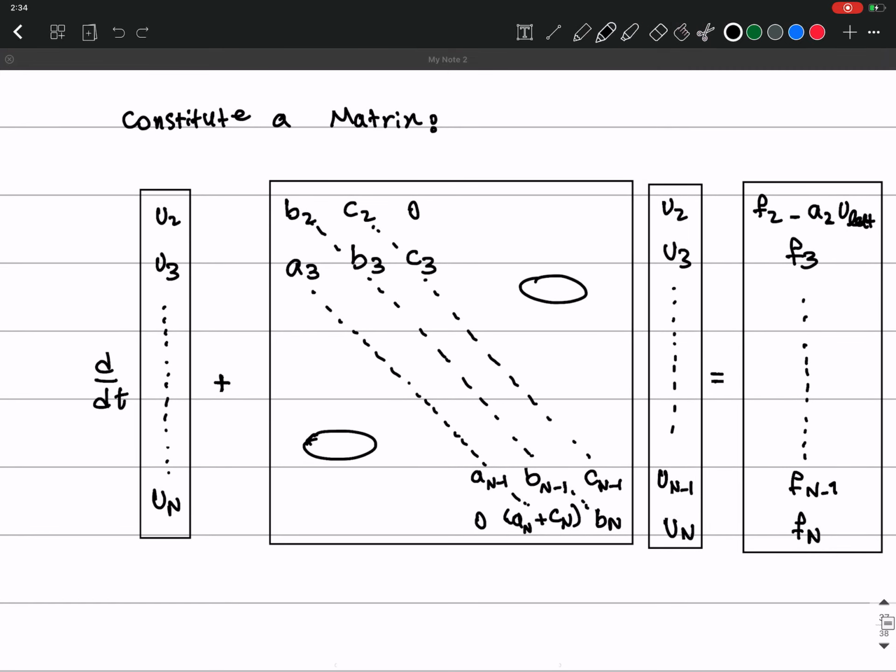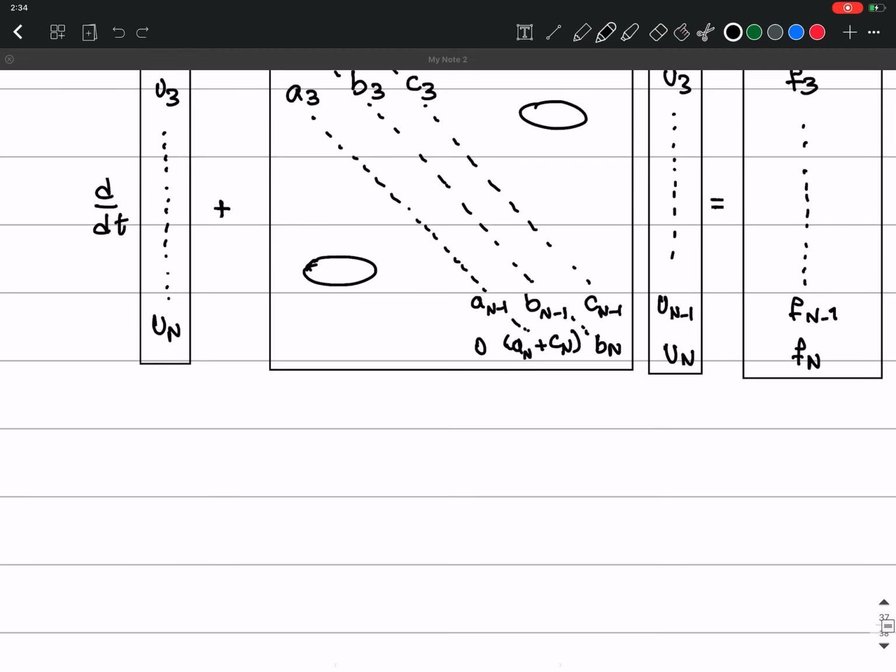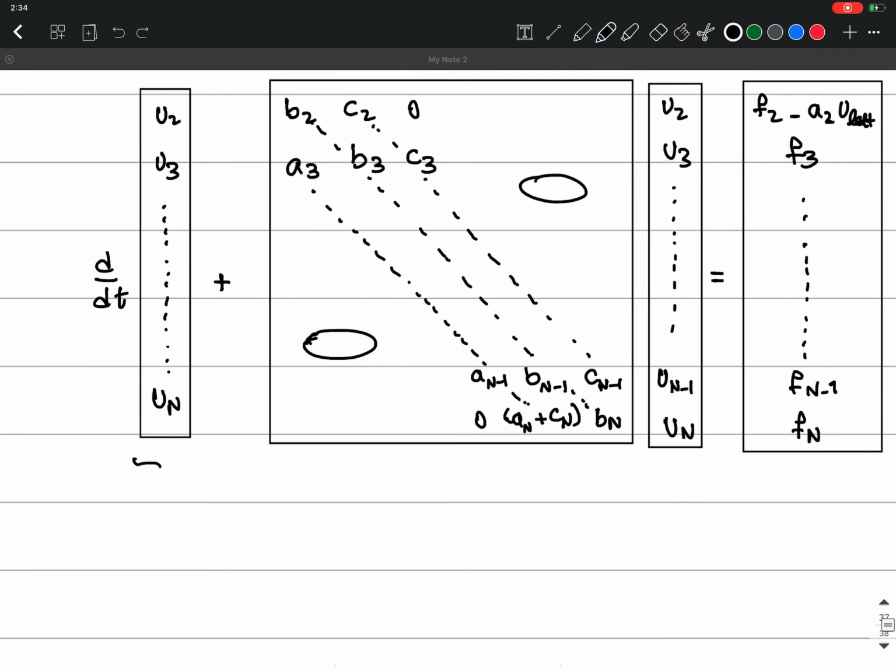And so in order to make it simpler, I want to define this as a vector u, because this is a vector. I define this as vector f, and define this as a matrix A. Okay.